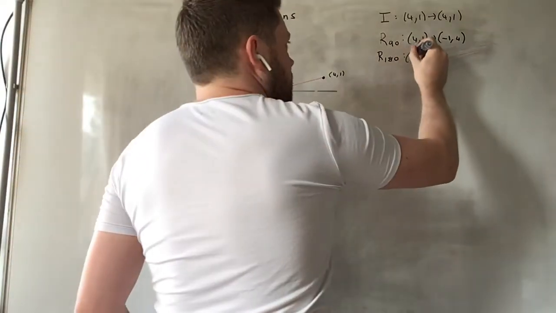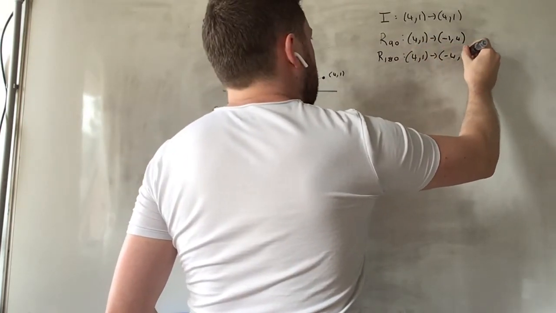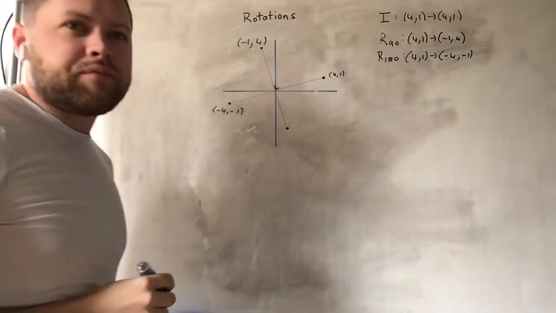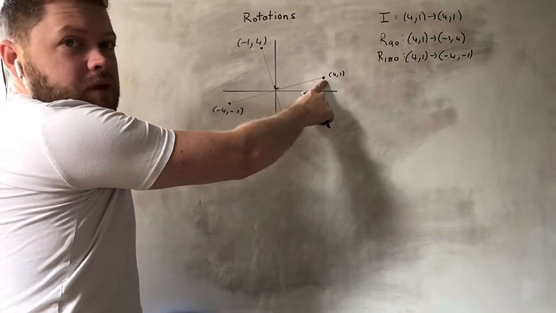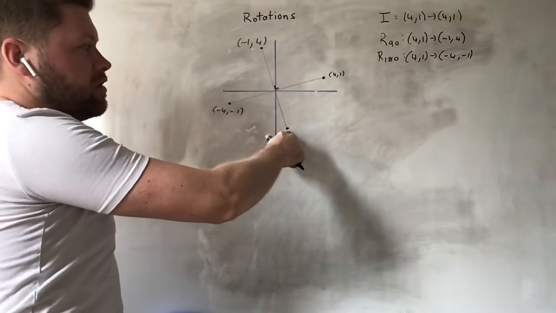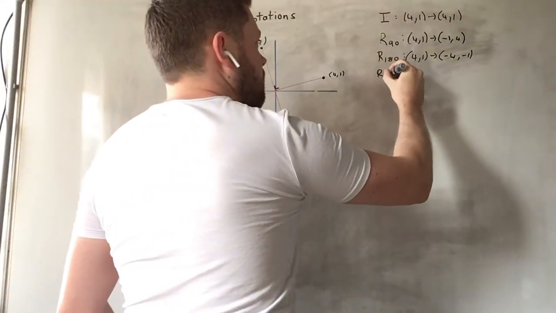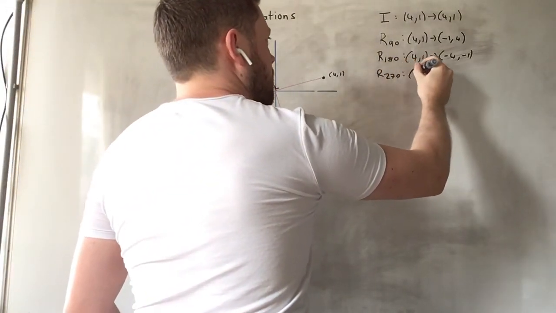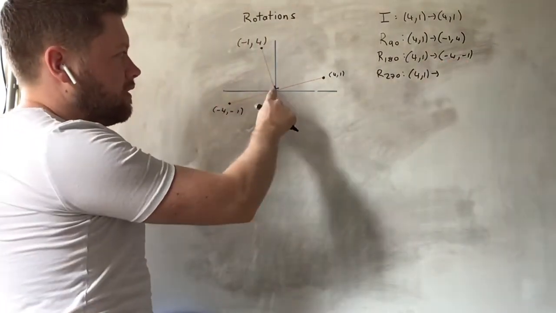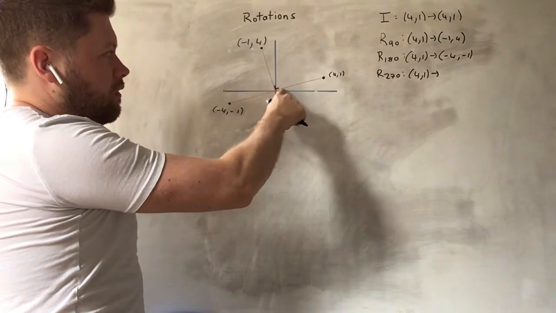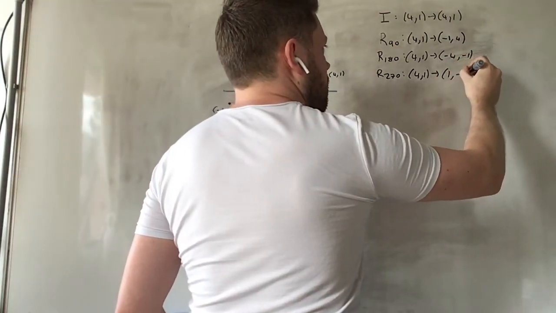So the 4, 1 point gets transformed to minus 4, minus 1. Then, if we start again at 4, 1 and do a 270 degree rotation, we come back to this point here. R270 means 4, 1 gets transformed to 1, minus 4.